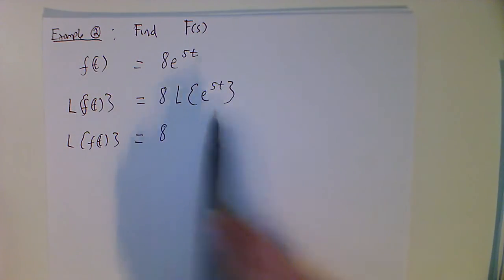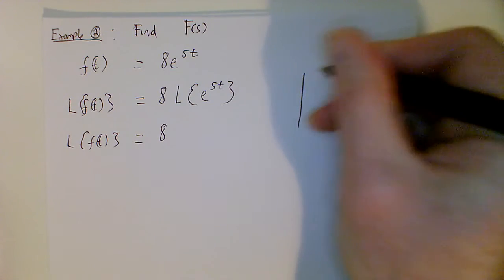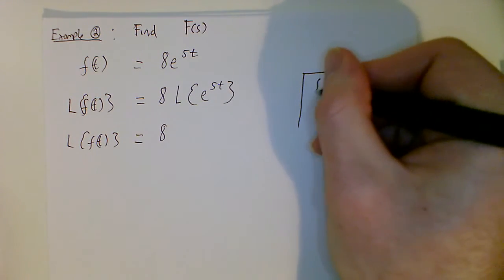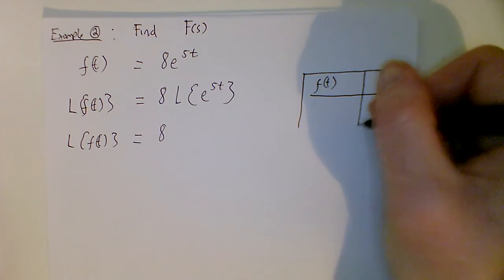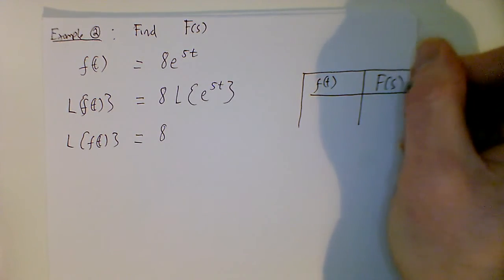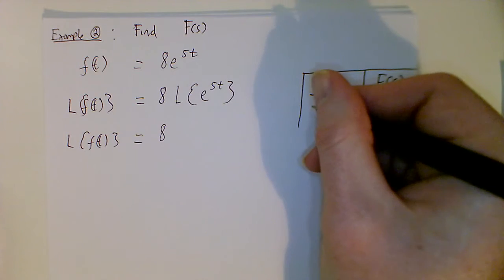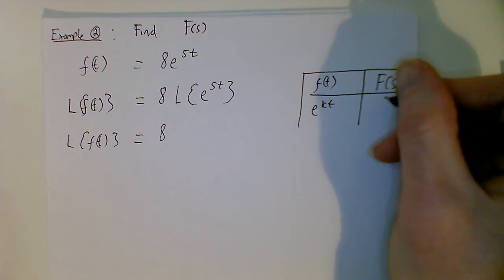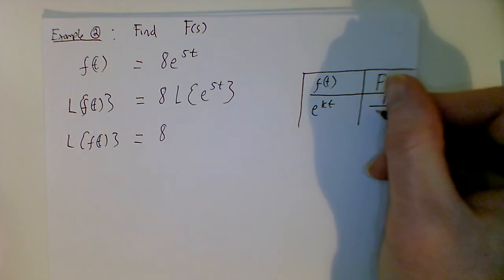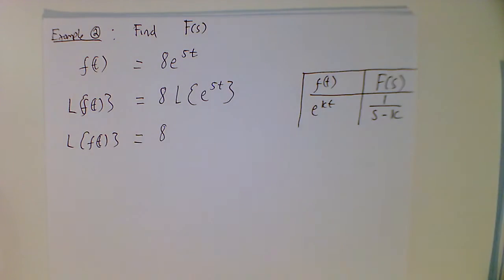So again I go to my table. My table says if f of t is e to the power of kt, then the Laplace transform is 1 over s take away k, right?